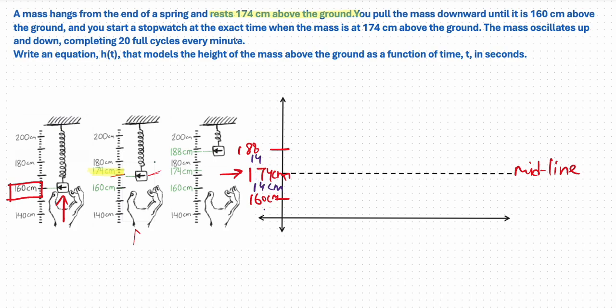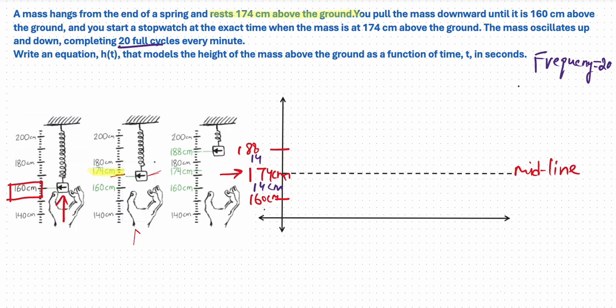So now the next line of the problem is that the mass oscillates up and down and it completes 20 full cycles. What that means is the frequency is given to you. So how much is the frequency? It's 20.